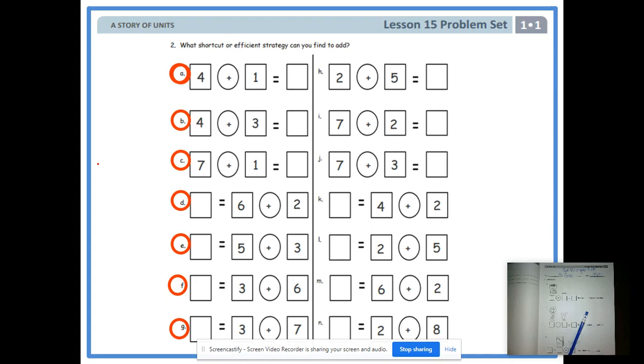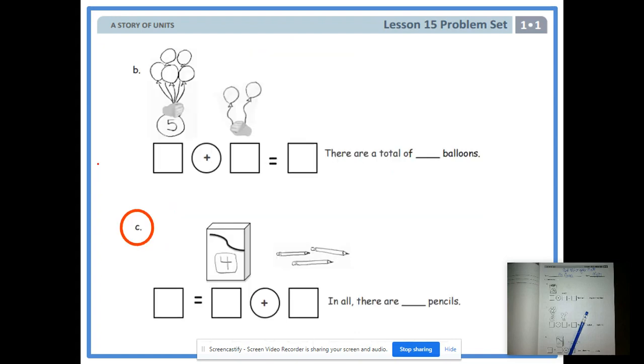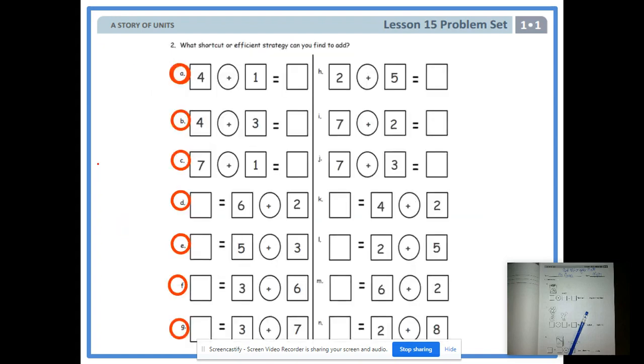You can go ahead and press pause so that you have time to circle all your must-do problems. Remember, it's letter C from the first page, and from the back page, it's A, B, C, D, E, F, G. So all the problems on this side of the paper. Those are your must-do problems, boys and girls.